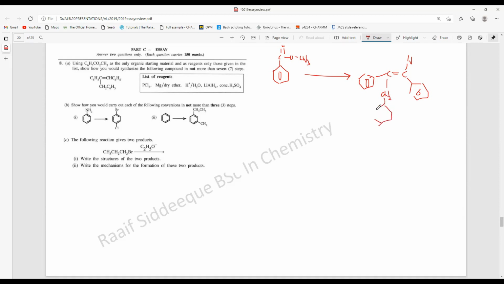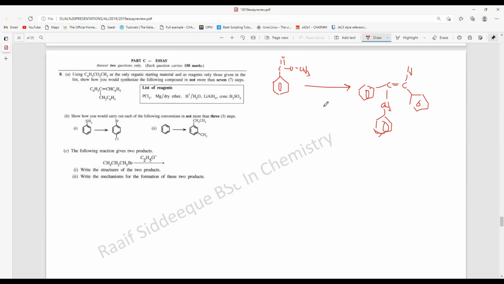So you see at first there is only one benzene here, while there are 3 benzene in the product. So basically it shows there should be 2 benzene attacking this one benzene compound.